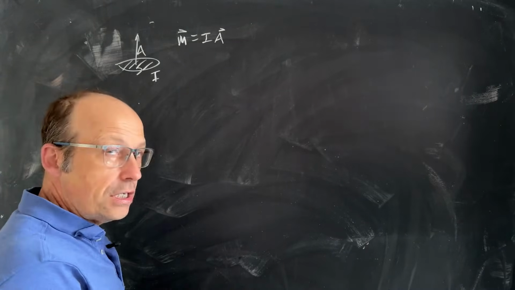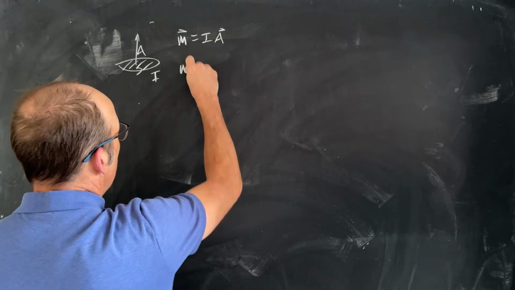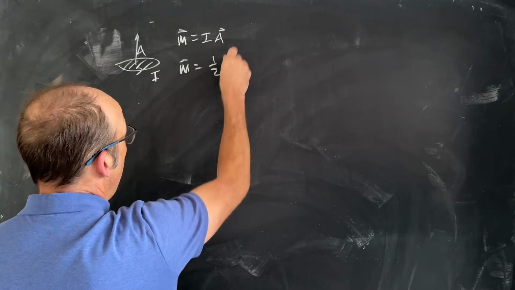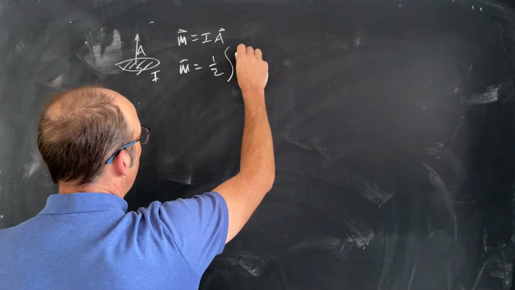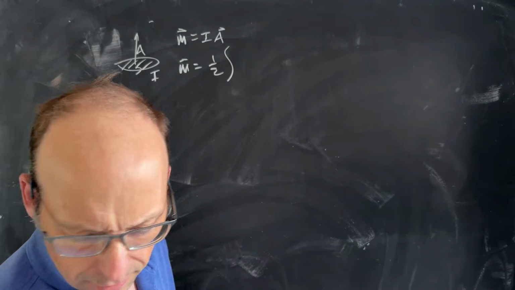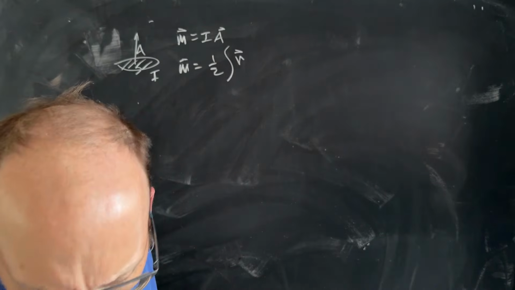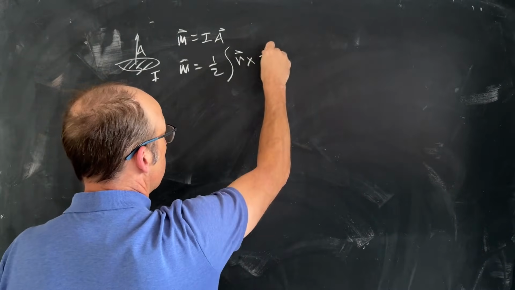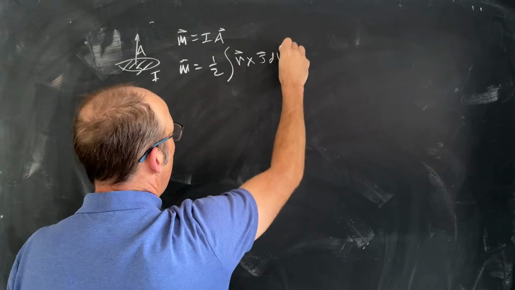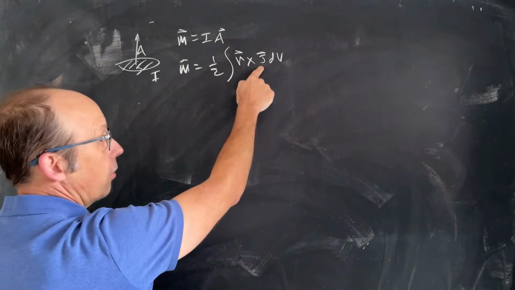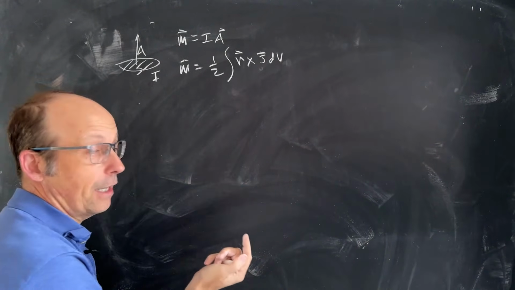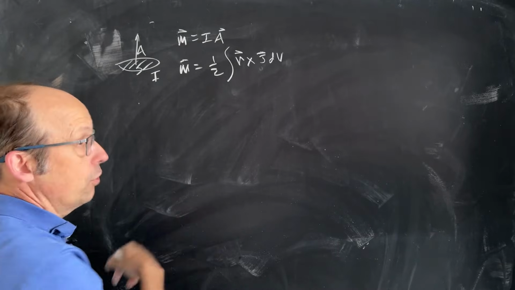Of course, there's a more generic version of this. M is equal to 1/2 the integral of R cross J dV. So if I have some current distribution, current density J, I can find the magnetic dipole moment by integrating too. So you can do it for anything.